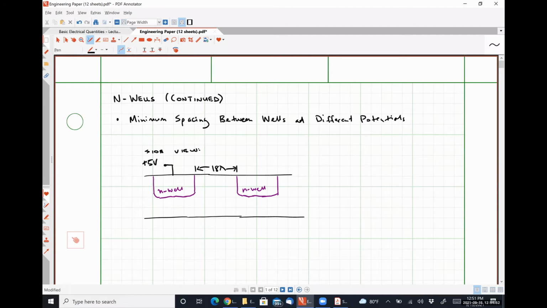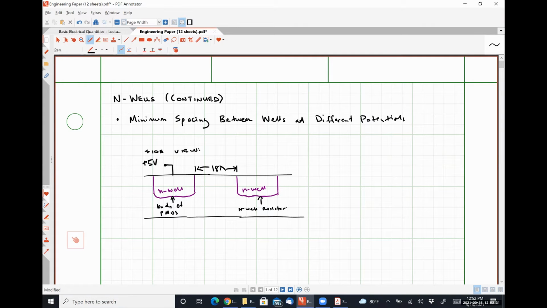So this one is the body of a PMOS, and this one is some portion of an N well resistor, and ostensibly the resistor is going to have a lower electrical potential than VDD because it's somewhere downstream in the circuit, so there'll be voltage drops in front of it and behind it, and the overall potential across the resistor is less than 5 volts.